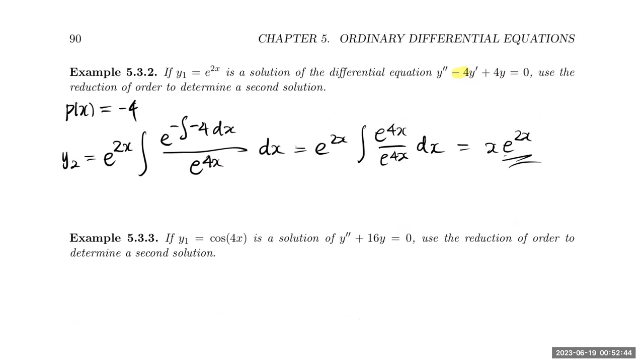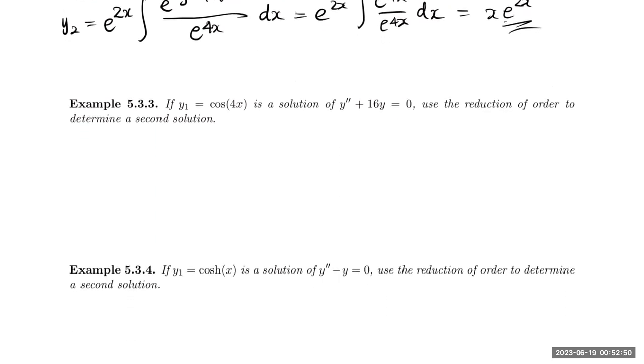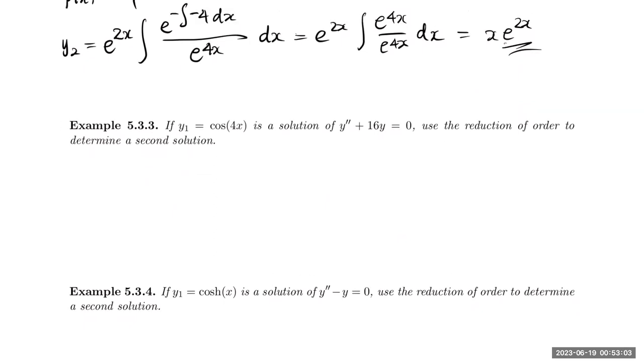of the differential equation. So let's have a look at the third example. We have y1 is equal to cos of 4x, which is a solution of y double prime plus 16y equal to 0. So let's use the reduction of order to find a second solution. Now here, we don't actually have a y prime. Our y prime term is missing. Well, that's the same as saying 0 y prime. Maybe it's just not included here.